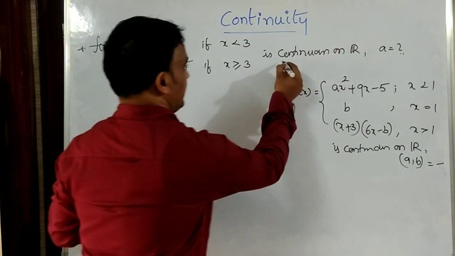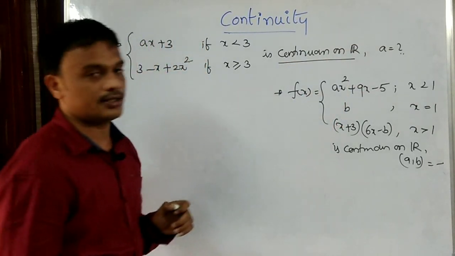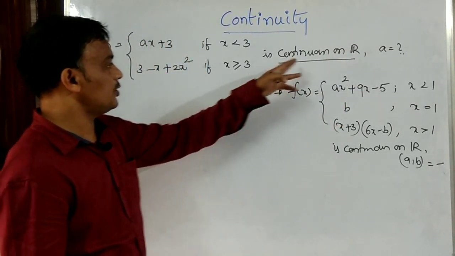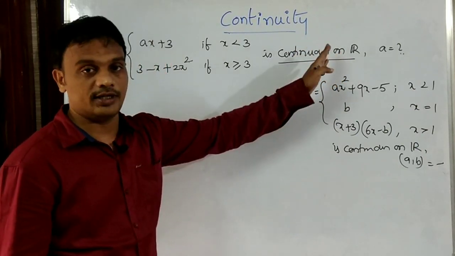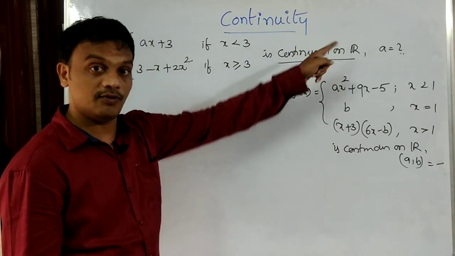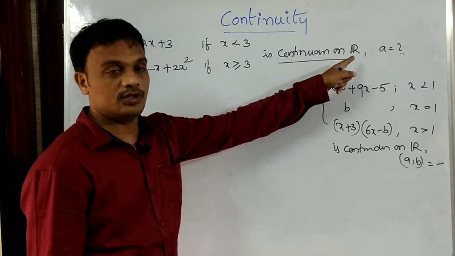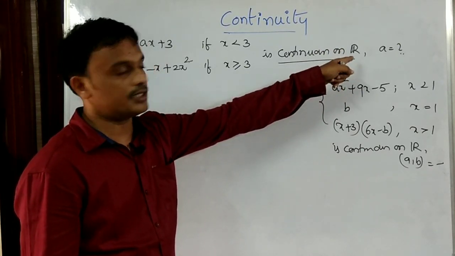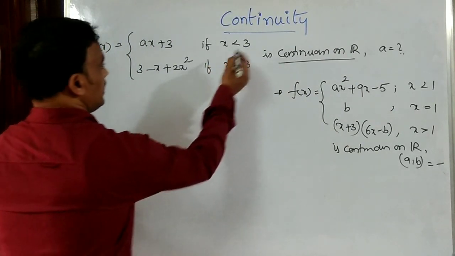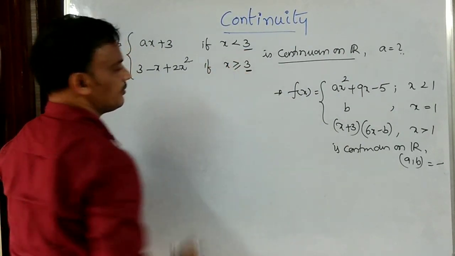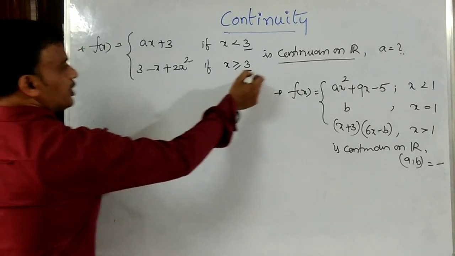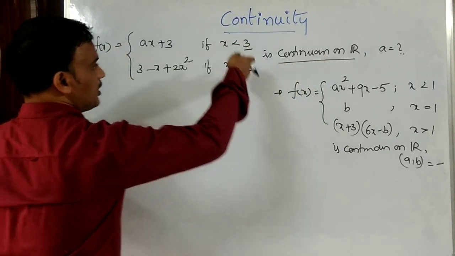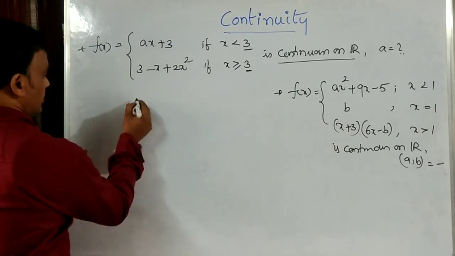First of all, it is continuous on the real numbers. If any function is continuous on its interval, it is continuous at every point where it is defined. Here, it is defined on the real numbers, and clearly the function is given at x equals 3, so I am going to take this, because 3 is one of the real numbers.